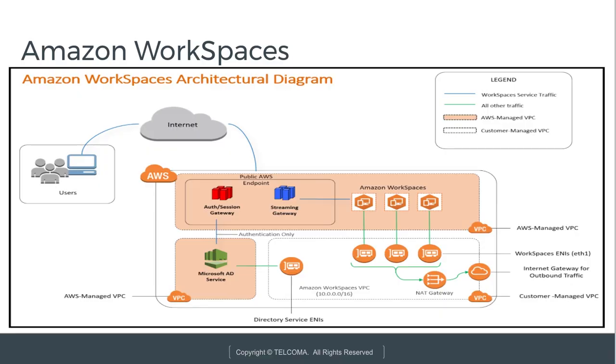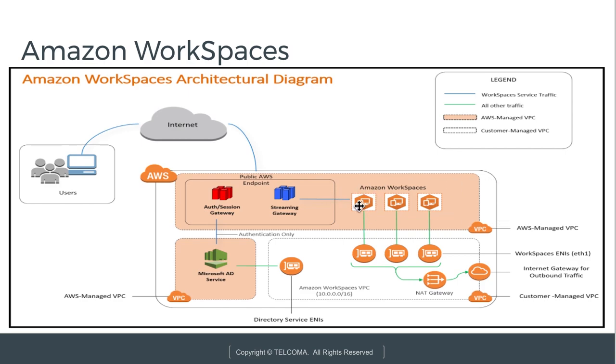So let's have a look at the WorkSpaces architecture. We have users, and users are connected to Amazon Web Services via the internet. The blue line shows WorkSpaces traffic. So we are connected to Amazon WorkSpaces.